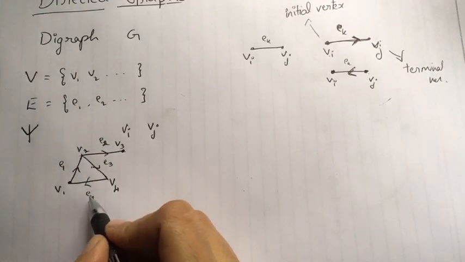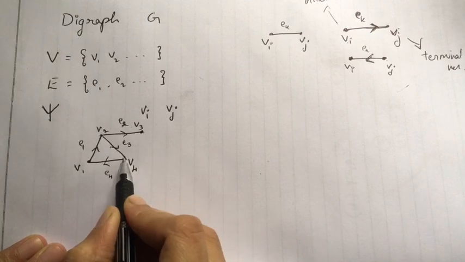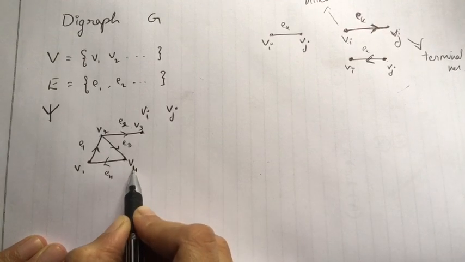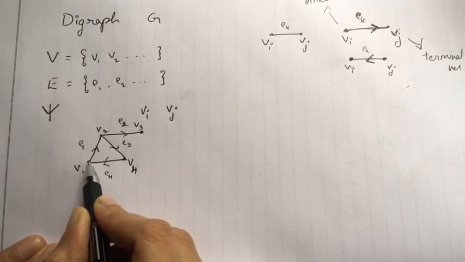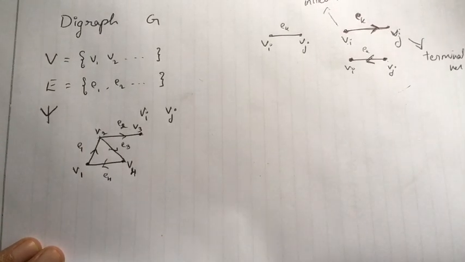For this edge E4, V4 is the initial vertex and V1 is the terminal vertex. Now let us look at a few properties.